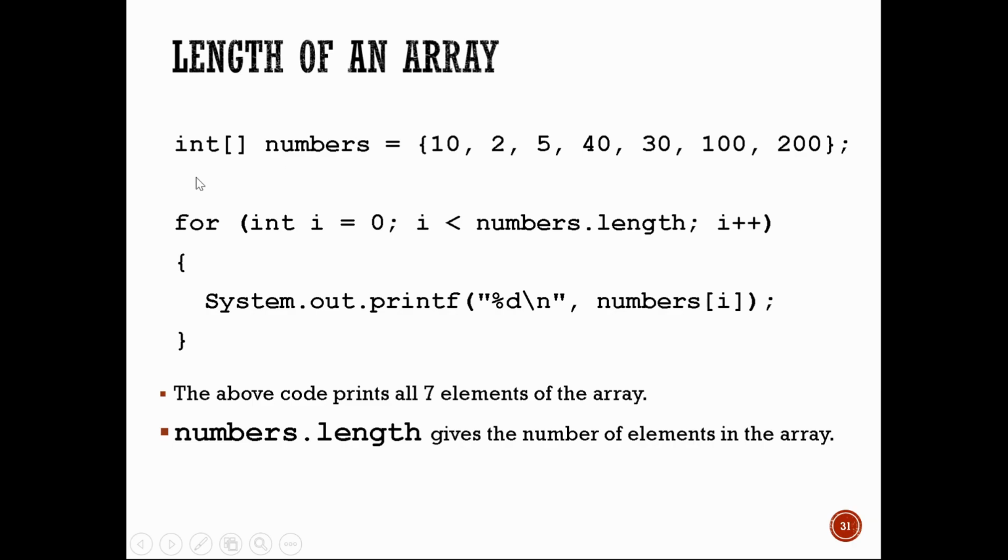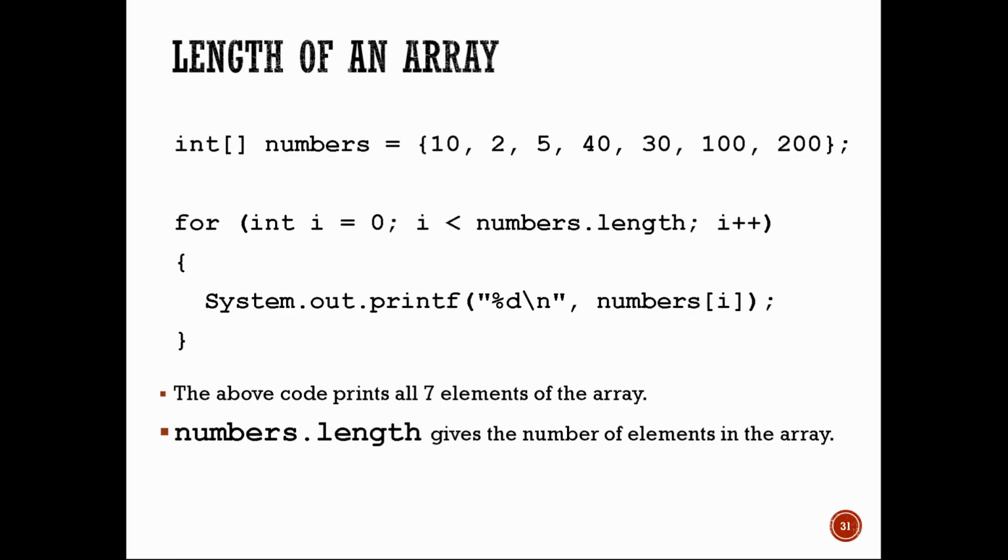Length of array. So int[] numbers, again the same variable we have a while ago. That means this is 7 elements, 7 values. Therefore, the length of our numbers is 7. To sum that up, that printf means we're just going to display the values from index 0 to 6. How do we get the movement from 0 to 6?